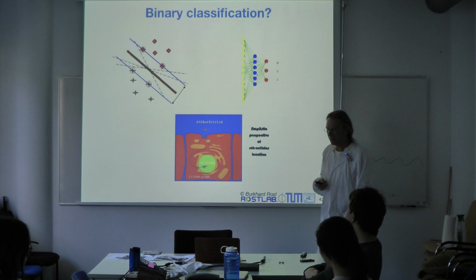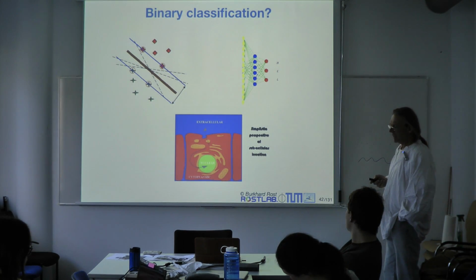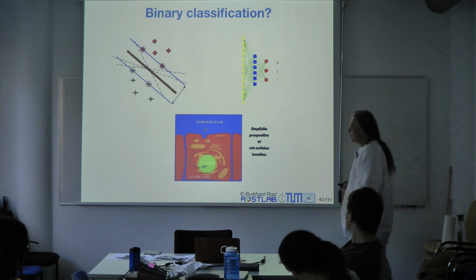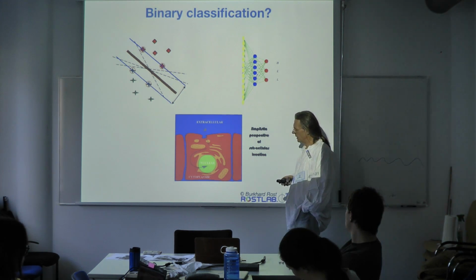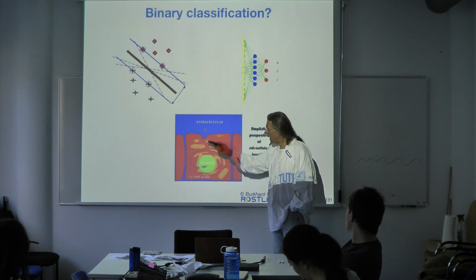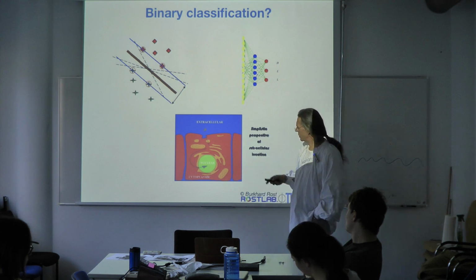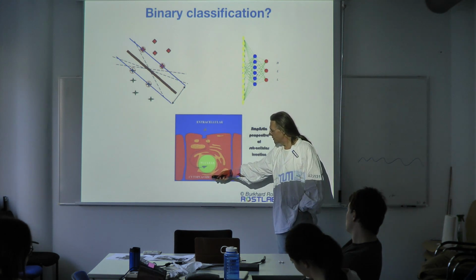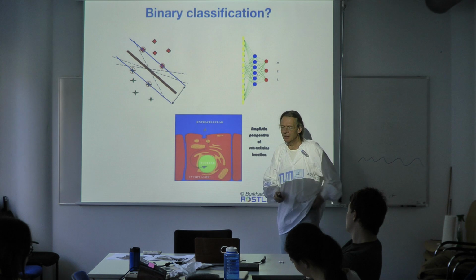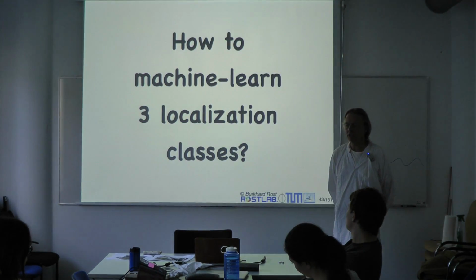That's one issue. Now let's get back into this issue of subcellular localization. We did discuss it. How can I take a binary device, or how can I machine learn three classes, cytoplasmic, nuclear, extracellular, with a machine learning device?